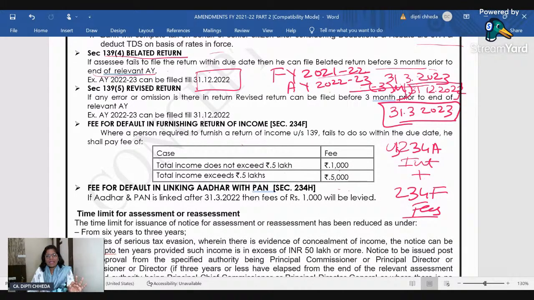Now, latest they have said that if Aadhaar and PAN are not linked by 31st March 2022, your PAN card will become invalid, inoperative. After 31st March 2022, if you rush to link the Aadhaar and PAN, then you have to pay a fee of rupees 1,000 under section 234H.